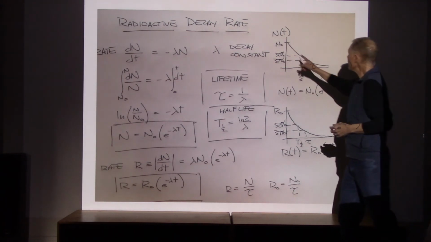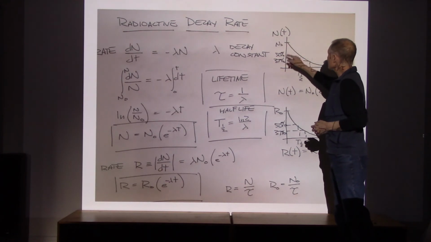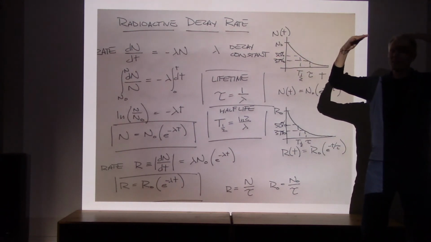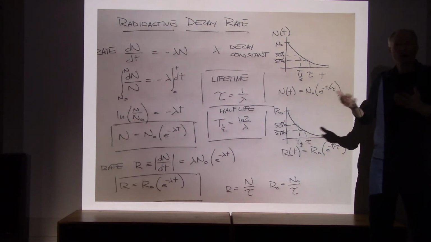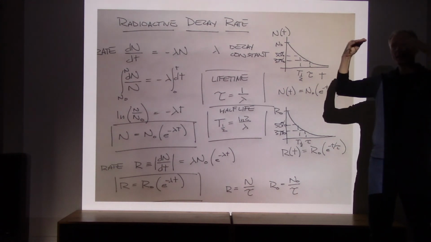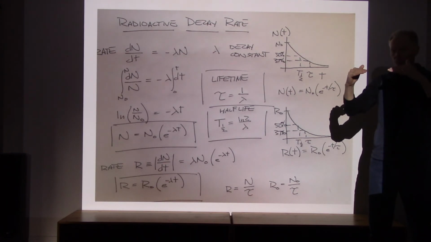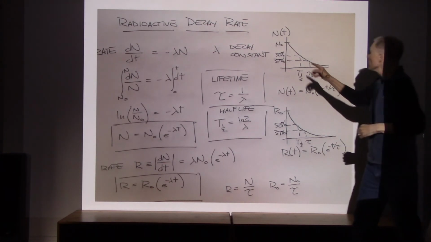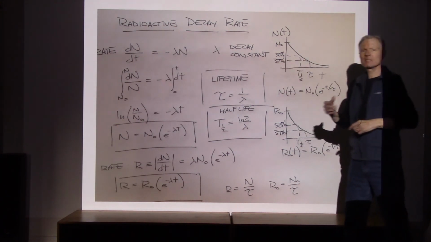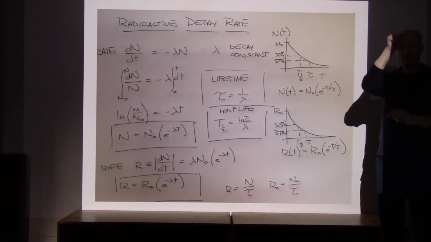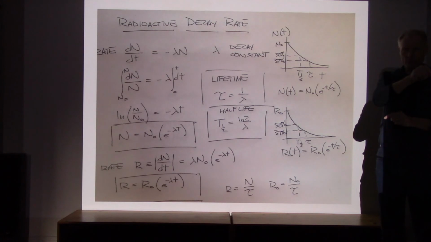Statistically, what's happening is every time there's a decay, we start out with N naught, right? Let's say we start off with 100 radioactive nuclei, but sometime it drops to 99, then it drops to 98, 97, 96. So that would make it a series of step functions, right? There's a step down, another step down, another step down.